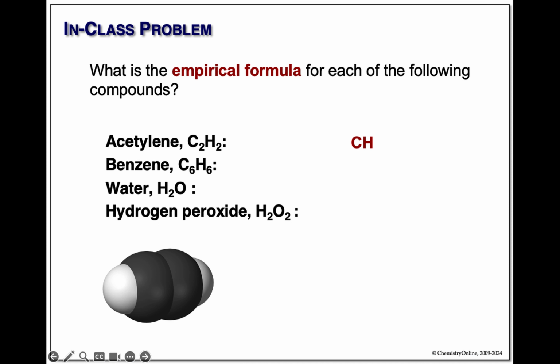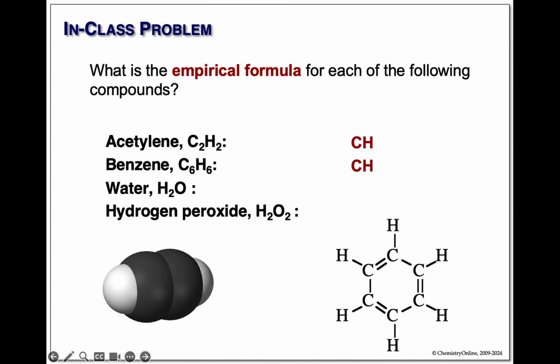Benzene, C6H6. 6 is our lowest number. This is also CH. This is what benzene looks like. Benzene is the heart and soul of organic chemistry. It's sadly a hepatic neurotoxin.